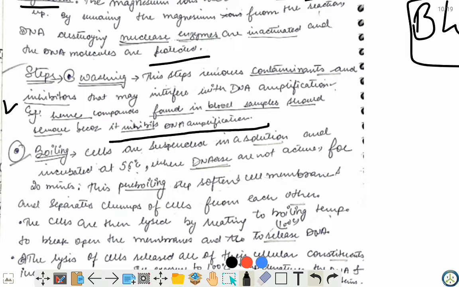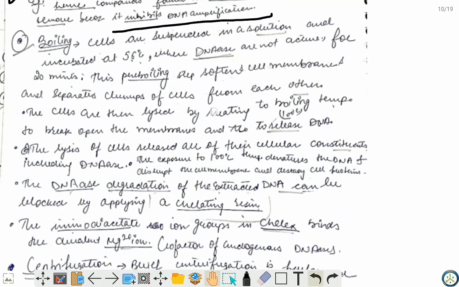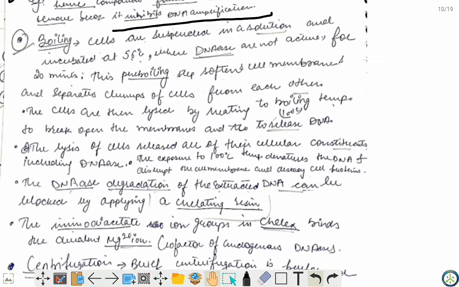The next step is boiling. Cells are suspended in the solution and incubated. After the washing, we go with the boiling step. We incubate the sample at 56-degree temperature, where the DNase activity is not active, for 20 minutes.